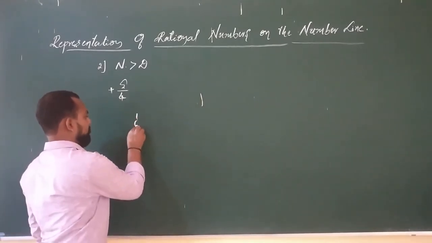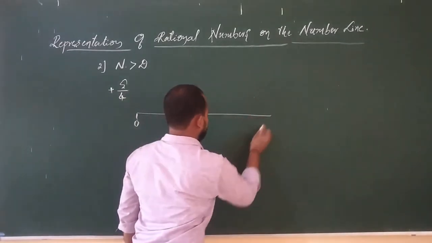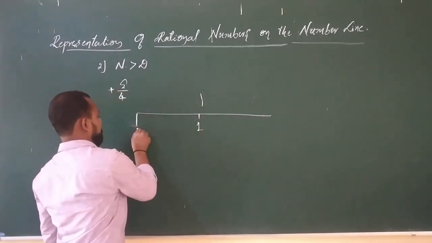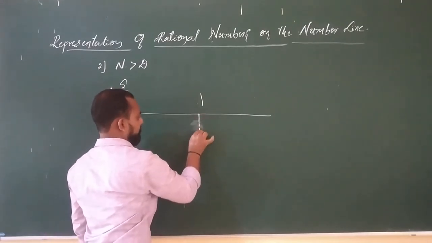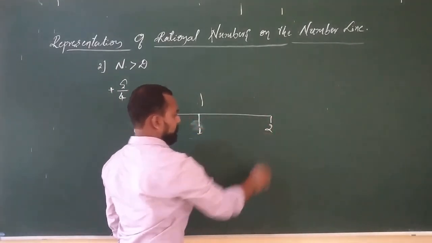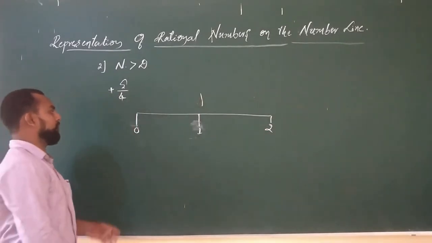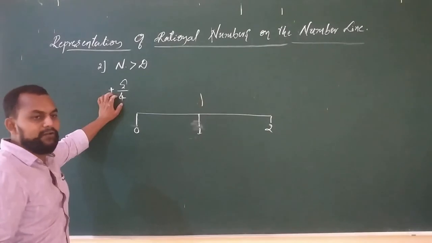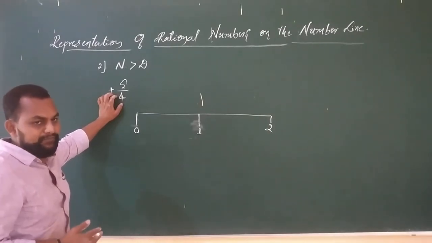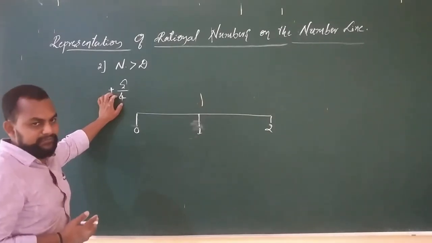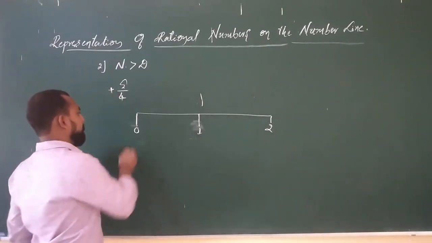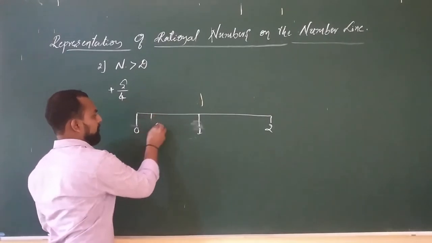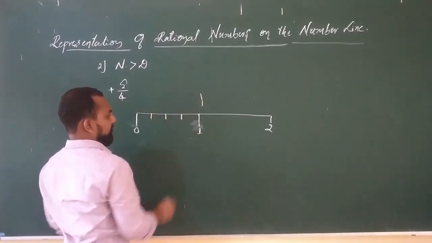Here is 0, this one is 1, and this is 2. Already you know the denominator indicates the number of equal parts between one unit. Here there are 4 equal parts: 1, 2, 3, 4.